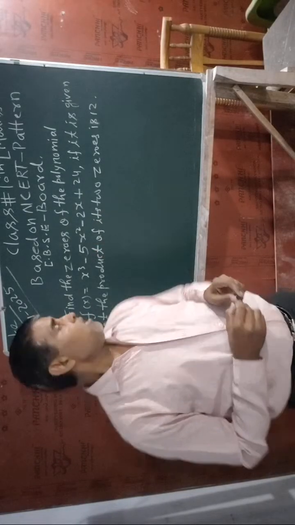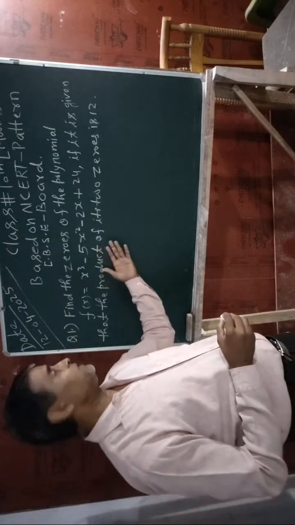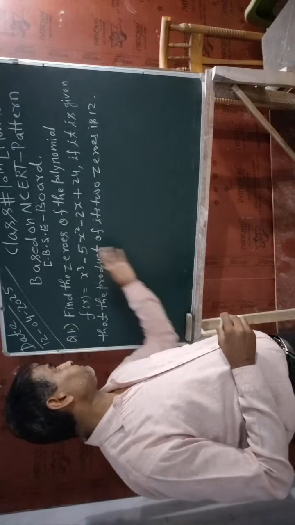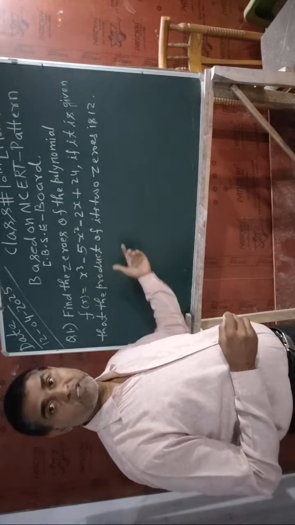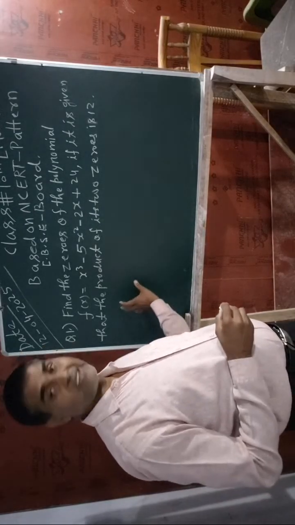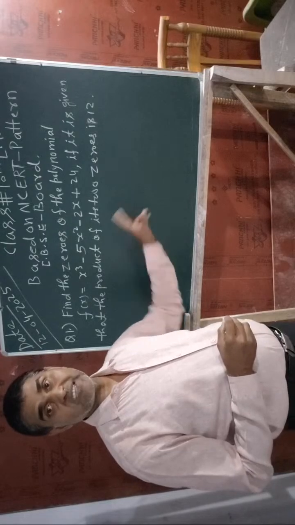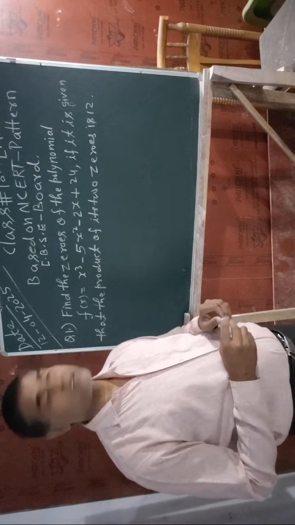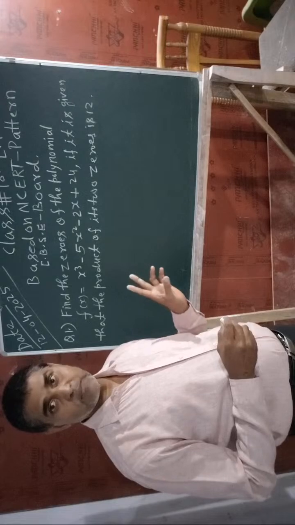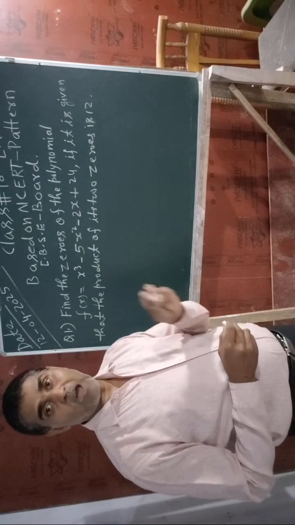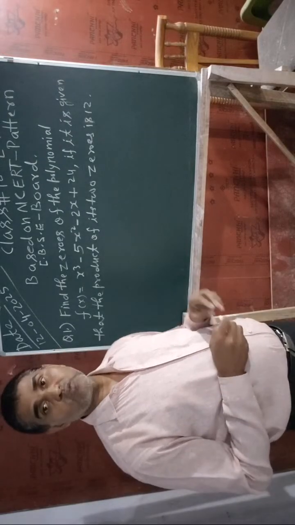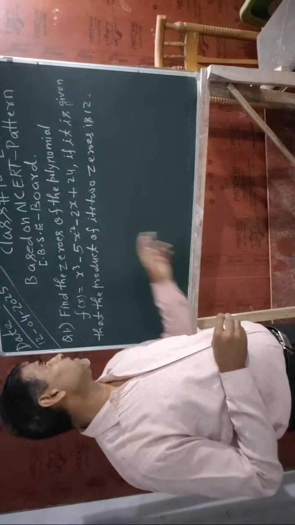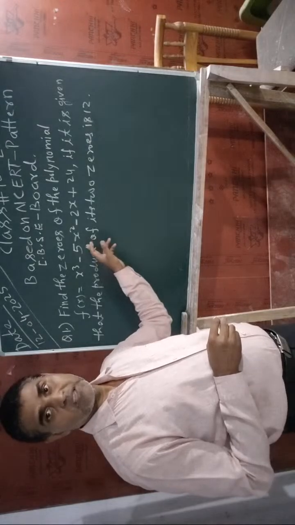Similarly, the sum of products of zeros taking 2 at a time: there are 3 roots, but I take the sum of products of any 2 roots at a time, which is equal to coefficient of x divided by coefficient of x cube.